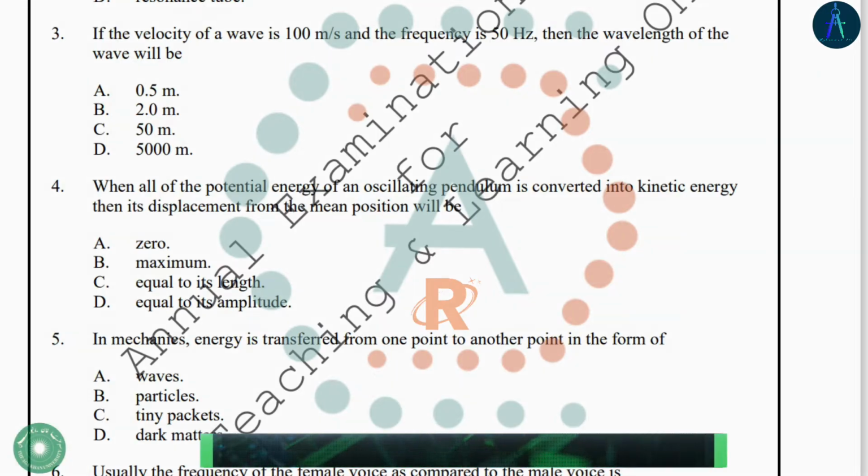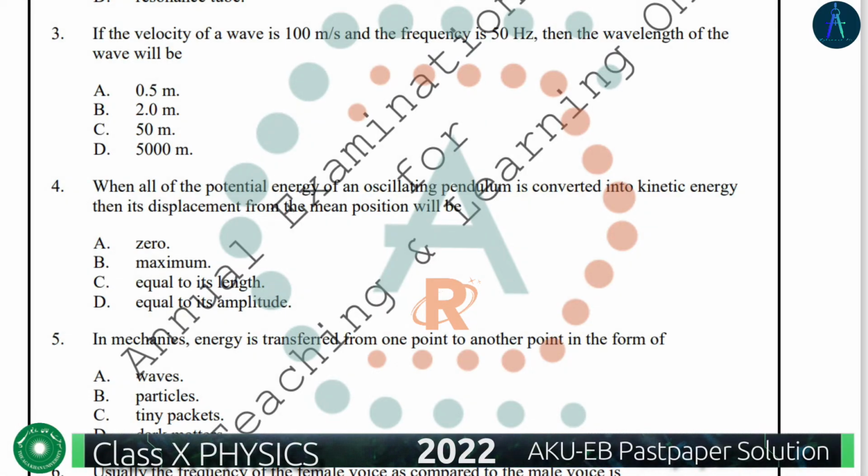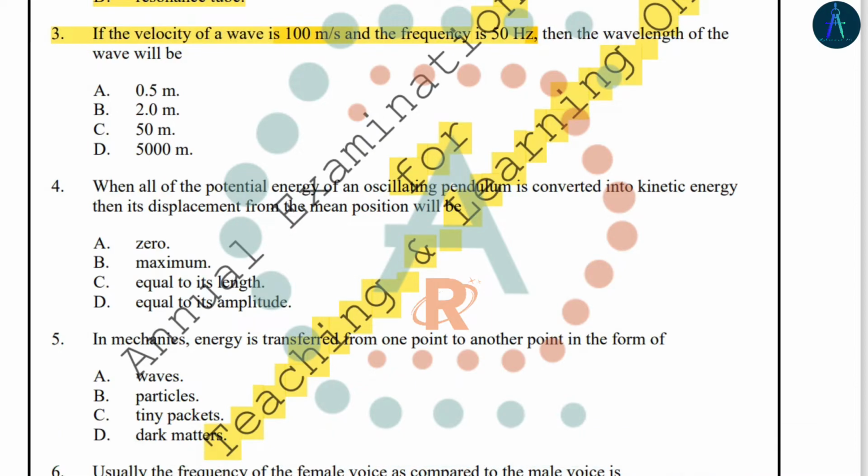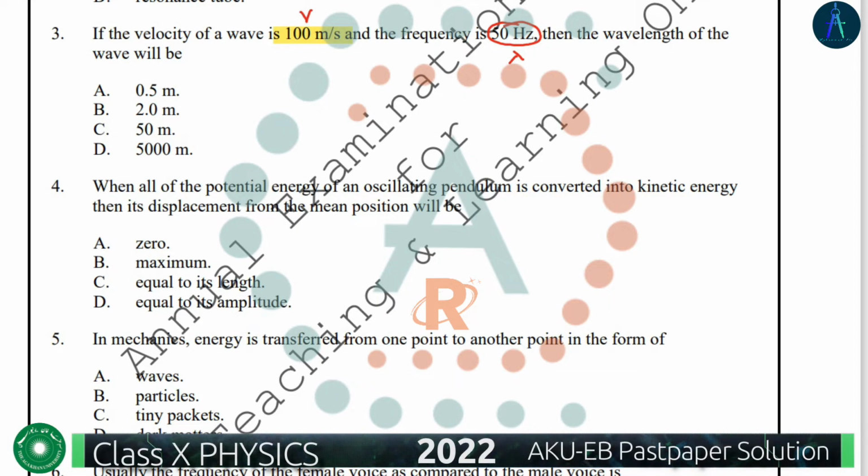Then we have question number 3. If the velocity of the wave is 100 meter per second and the frequency is 50 Hertz, then we have to find the wavelength of the wave. We have velocity and frequency, and we have the wavelength formula.